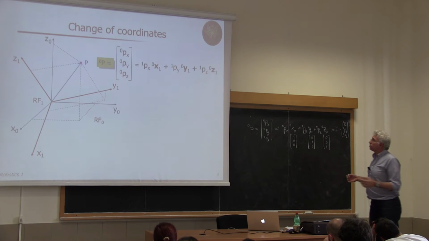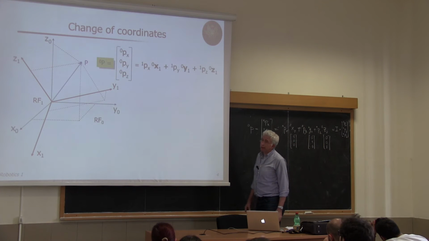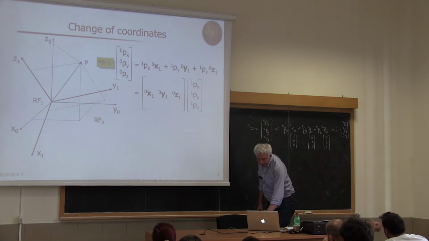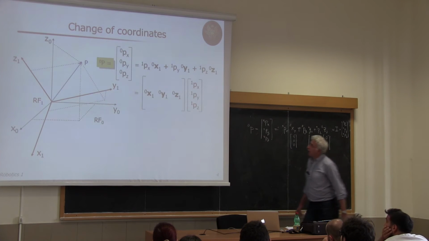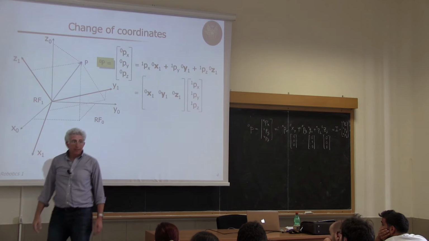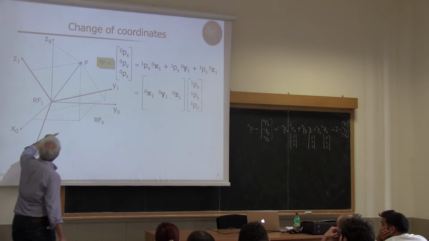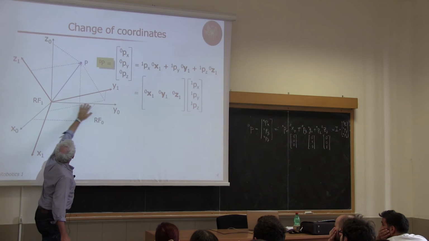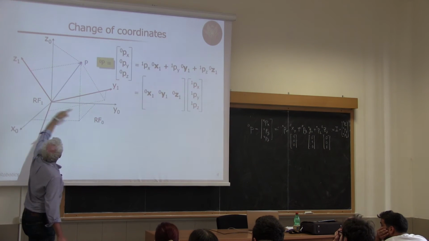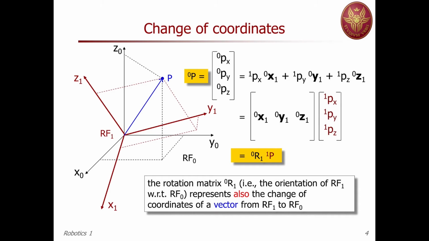Now, suppose that you want to represent this in a different frame, frame 1. You take the same vector, and instead of reading these 3 numbers in black, you would like to read the 3 numbers which are the projection of this vector along the unit axes of frame 1, the rotated frame, in a sense.